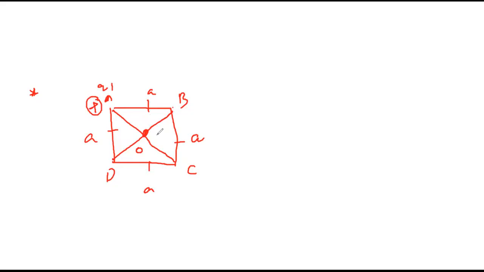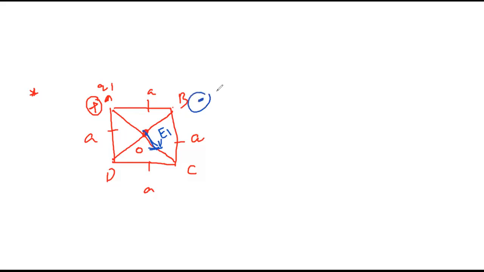What will be the direction of intensity from O? Towards A or away from A? Charge is positive. Away, outward, away. Yes, sir. Towards C. So this will be the intensity due to the charge at A, positive, so outward.